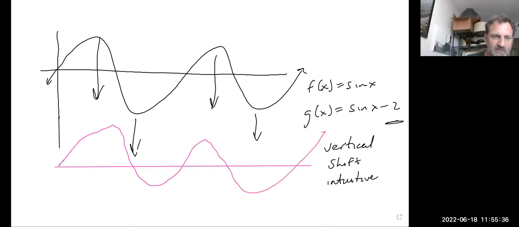It's going to be the exact same thing, but now instead of starting at 0, 0, I'm starting at 0, -2. Instead of the max happening at pi halves, 1, it's happening at pi halves, -1. So really that should have gone all the way up to the same point as that. And then my bottom is not happening at -1. My bottom is happening at -3. Now, this is the point where my sketching becomes so bad that better to just turn and use Desmos. So let's just switch over to Desmos real quick.